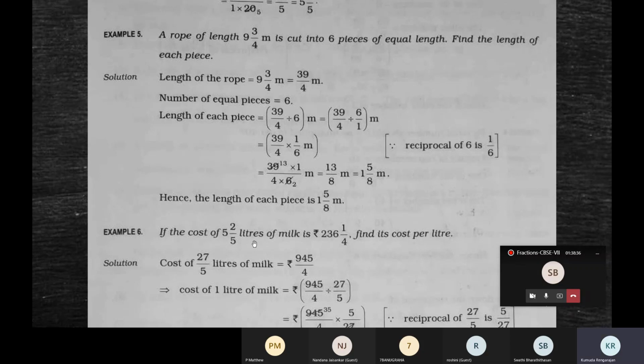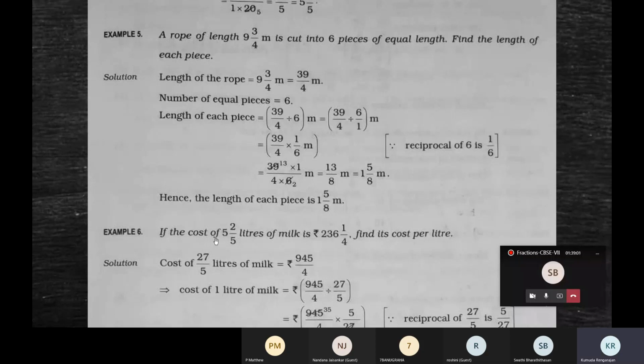I told you, you can just take different numbers to understand which number you must write first. If the cost of 5 liters of milk is say 400 rupees. Read the question using numbers of your convenience.